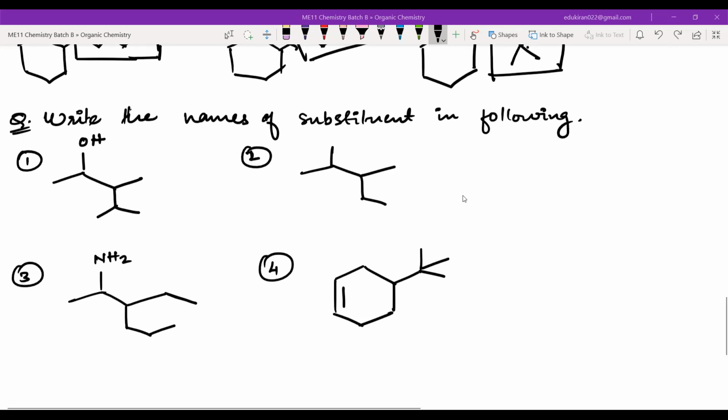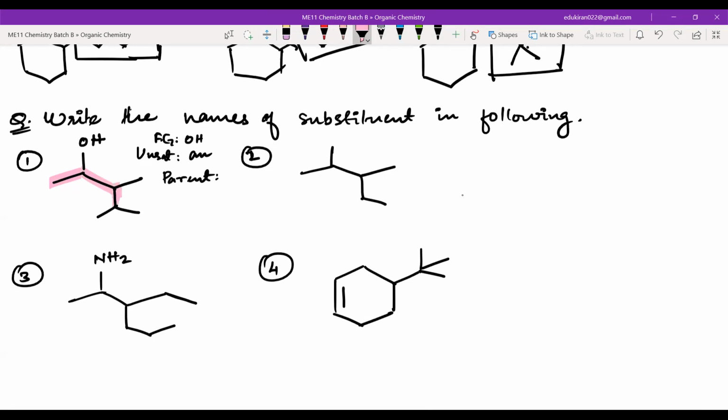So OH we have, that is the functional group. Then you have unsaturation, which is AN. Then the parent. In the parent, I have to start from here. Then I will ask myself, should I go this side or down?